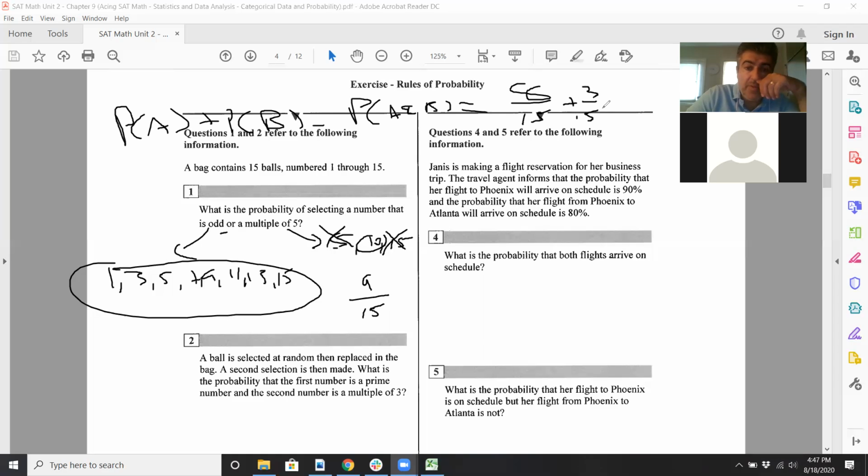And then the overlap, there were 2 that satisfied both, that was 2 out of 15. Then, of course, you just work it out and get 9 out of 15 still. And these are not necessarily independent, so we can't just multiply A and B together necessarily. Actually, could you? Let me double check. I don't think we could.